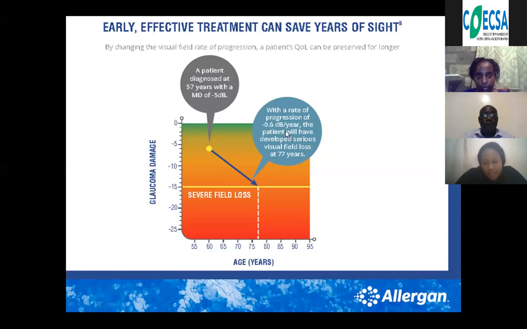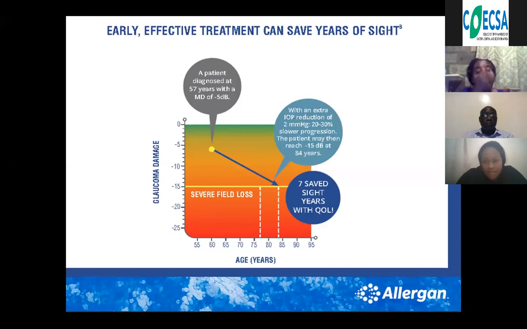This he got from the Early Manifest Glaucoma Trial, where on average a patient progresses at this rate. With an extra reduction of just about one millimeter of mercury, the progression decreases by 20 to 30%, and the patient will have reached -15 decibels at around 84 years. Therefore, this comes to 7 saved sight years with quality of life.